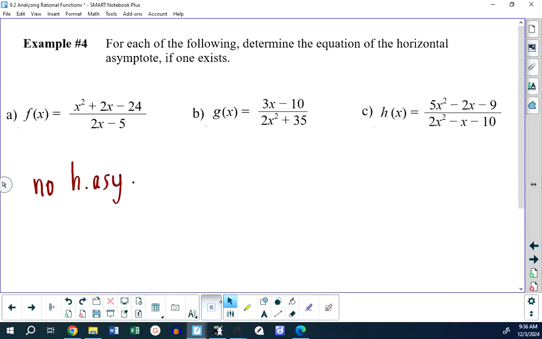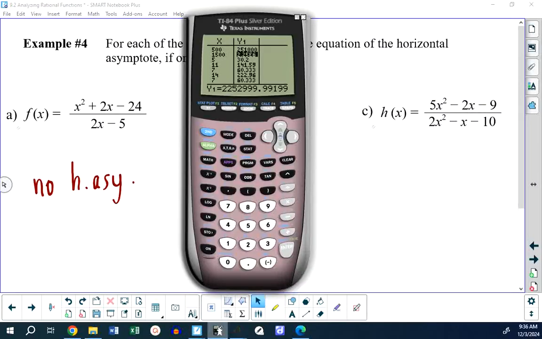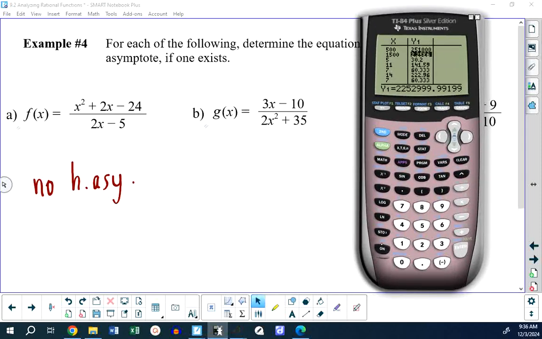Well, what about the next one? So y equals, in brackets, 3x minus 10 over, in brackets, 2x squared plus 35.